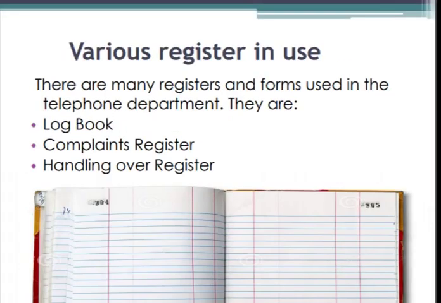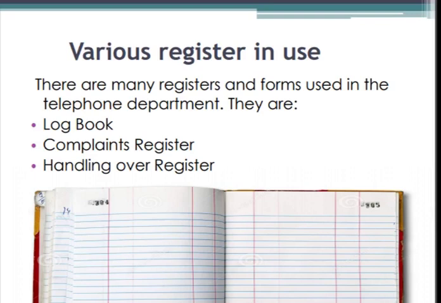The various other registers used in the front office department are logbooks, complaint registers, and the handover register. Now, let's discuss these things.